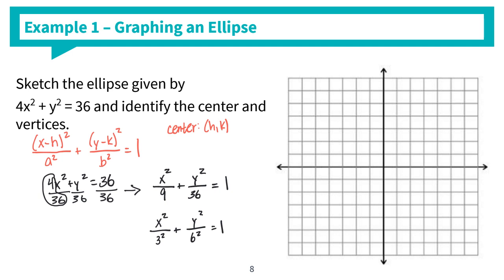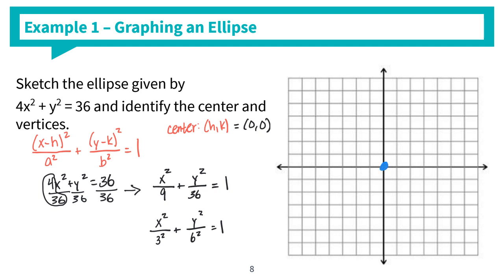We don't need to write x minus 0 squared and y minus 0 squared, because we could simplify those. And that's what they give us. They give us the most simplified version. So because it appears as if there's no h and k value, our center is actually (0, 0), the origin. So I'm going to go ahead and plot that point.